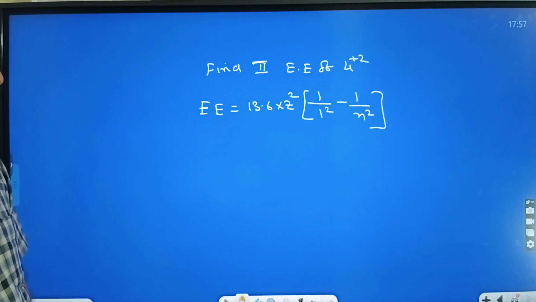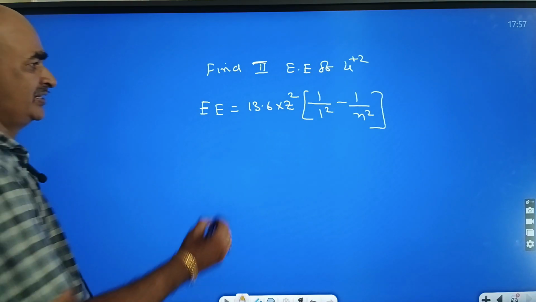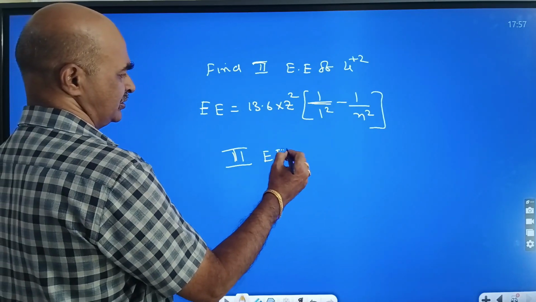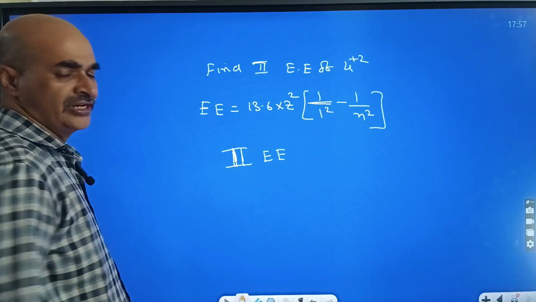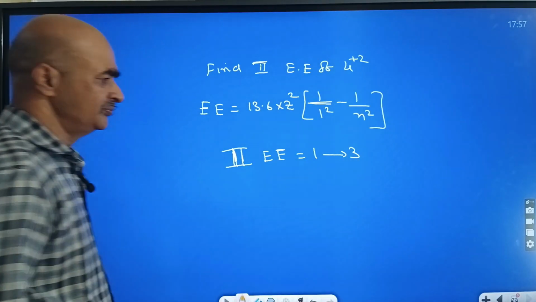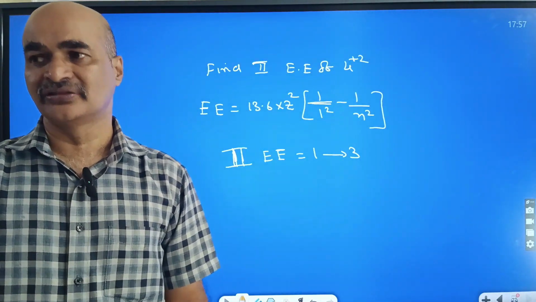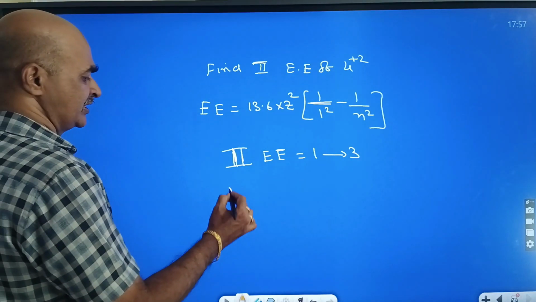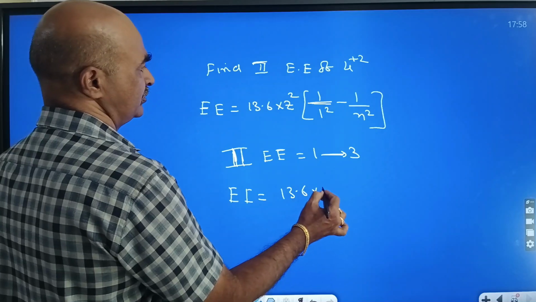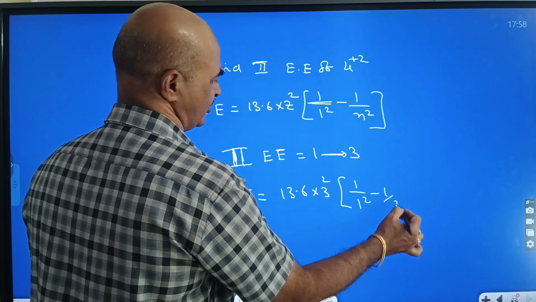Second excitation energy means 1 to 3. The electron is excited to the third orbit from the first orbit. Therefore, excitation energy is equal to 13.6 into 3 square, 1 by 1 square minus 1 by 3 square.